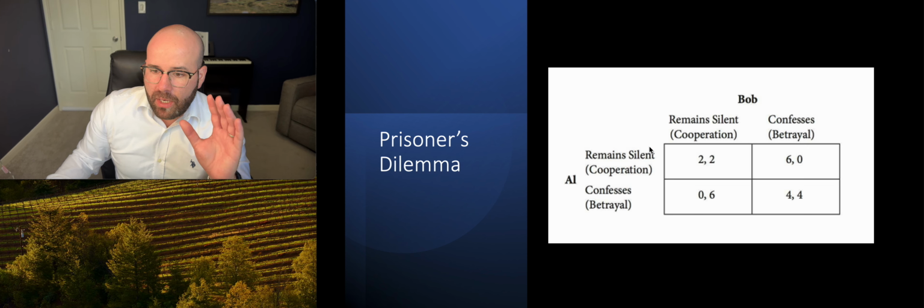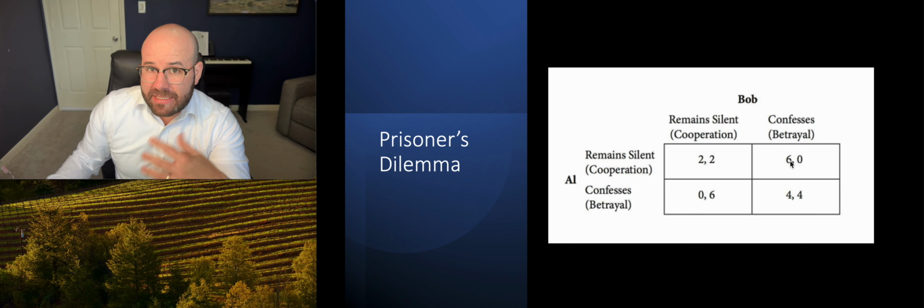Either Bob and Al can both remain silent, and that is represented by this box. If they both remain silent and don't confess about the other's crimes, they both get 2 years in jail, let's say. If Bob confesses, or betrays his friend, then Bob gets 0 years in jail and Al gets 6 because now he is charged with a more serious crime.